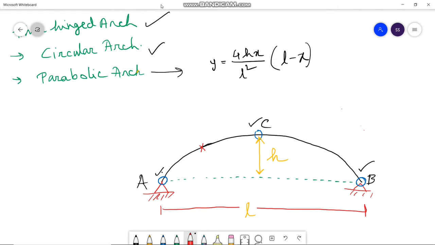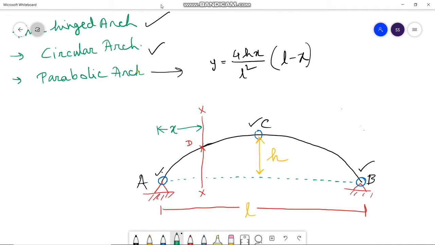If a certain point on the arch is D and the section XX goes through this point, then the distance of the XX section from the left hand support A is expressed as small x.